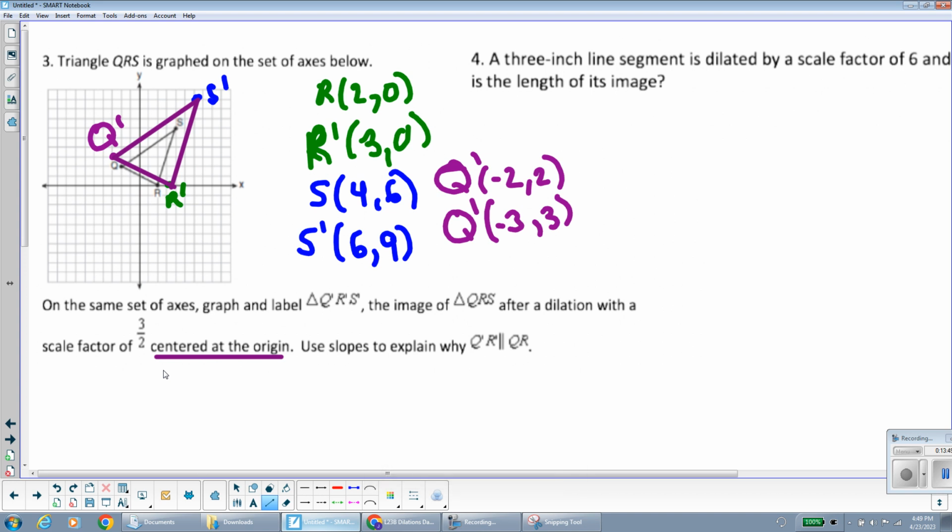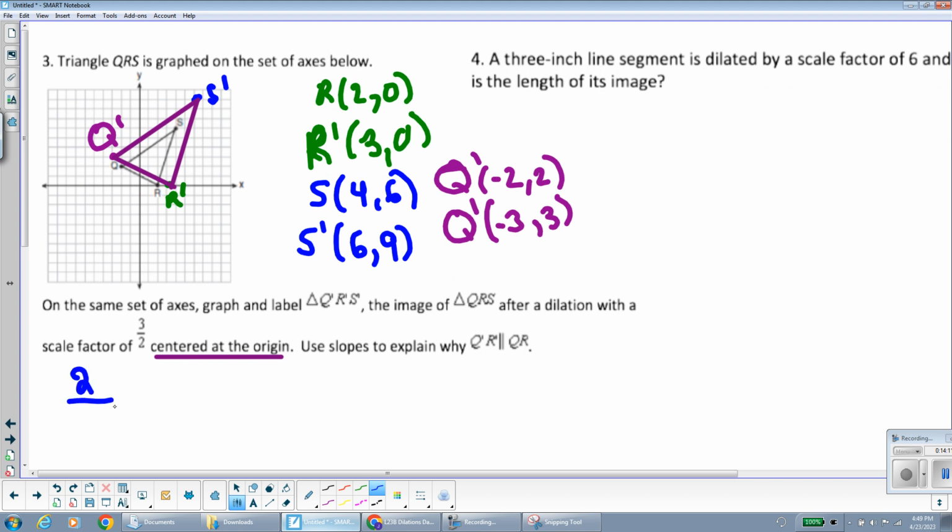So the next part is to use slopes to explain why Q prime R prime is parallel to QR. So let me find the slope of QR. So slope is y2 minus y1 over x2 minus x1, change in y over change in x. So 2 minus 0 would be 2.